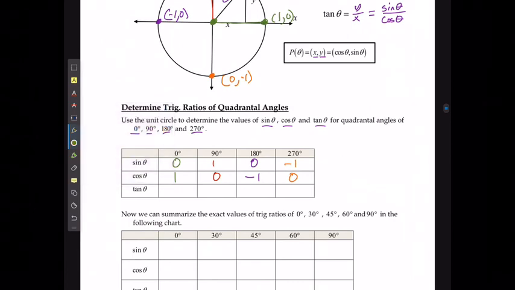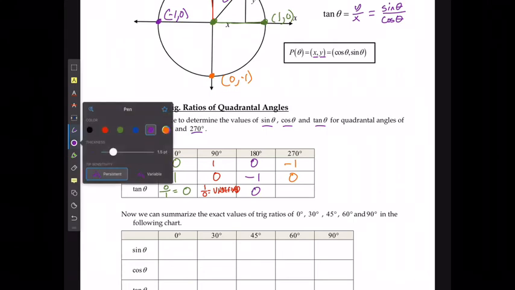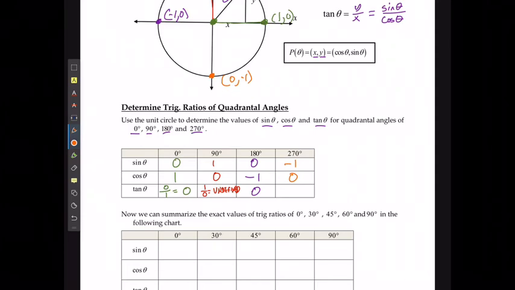When I'm solving for tan, it's always going to be sine over cos, so this would be 0 over 1, so it would just be 0. Here I'd have 1 over 0, gets an error, we call that undefined. For 180, 0 divided by negative 1 is still just 0. And for 270, negative 1 divided by 0 is still undefined.